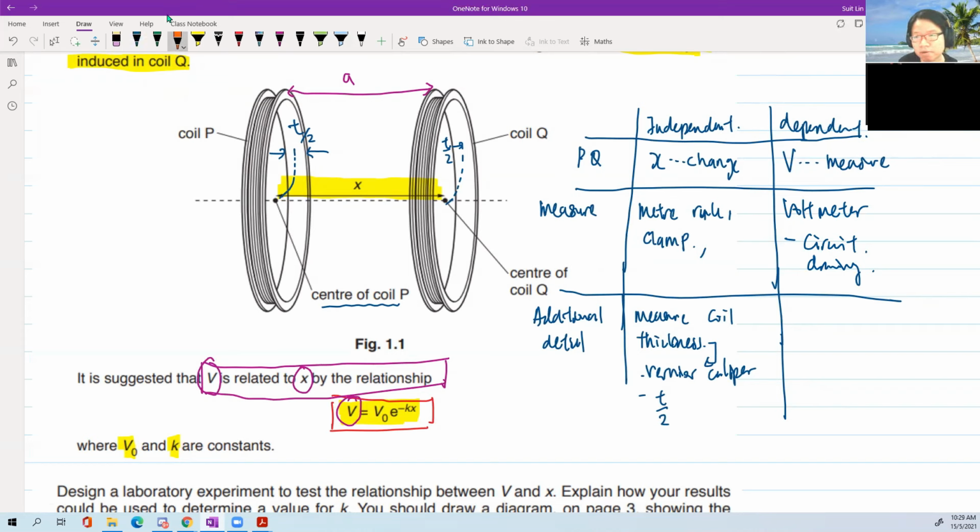For induced EMF, if you want induced EMF in Q, then we need current in P. But not just any current. The current in P must be alternating. Because you need the flux inside here to keep changing, first in this direction, then in this direction.